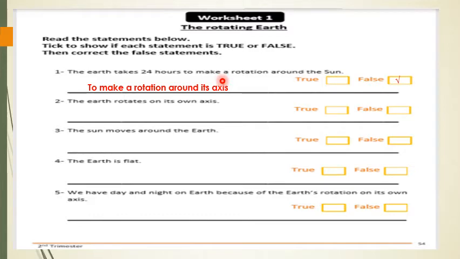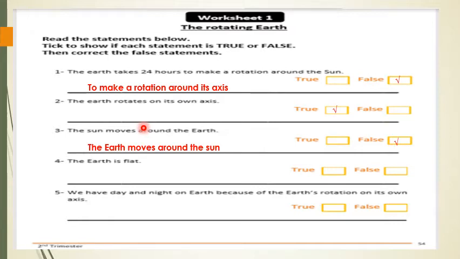Now question number 2 says the Earth rotates on its own axis. So this is a true statement. Number 3, the sun moves around the Earth. That doesn't make sense because the Earth is way too small for the sun to be revolving around it. So this is a false statement, and it's the other way around. The Earth moves around the sun.